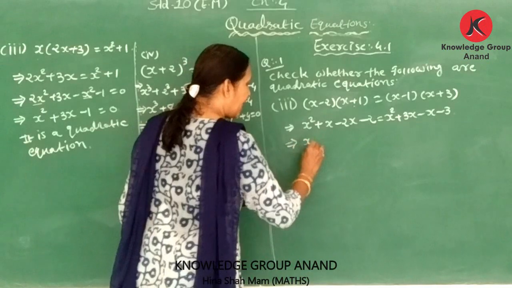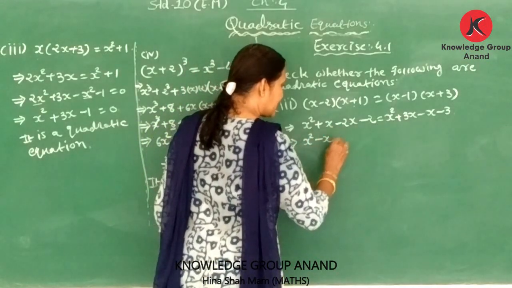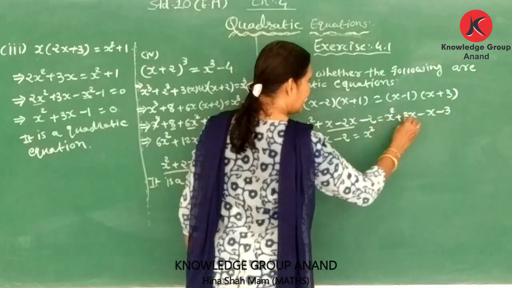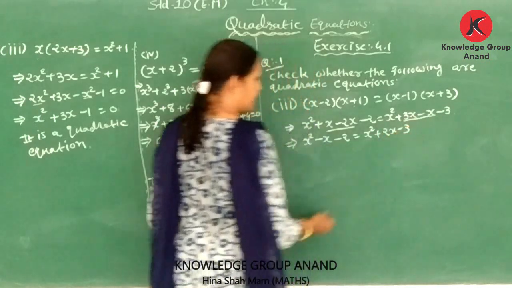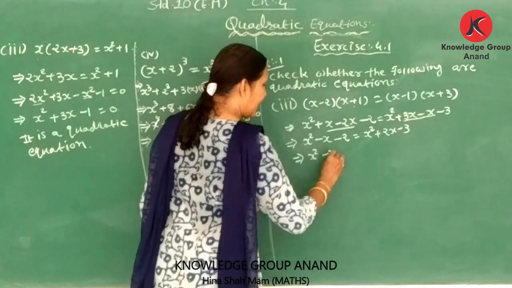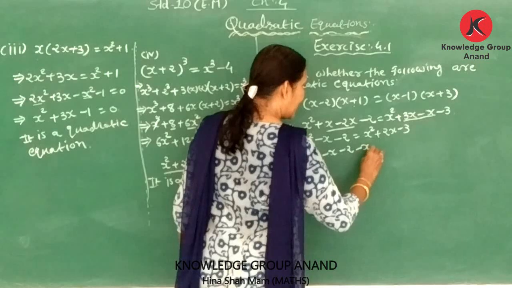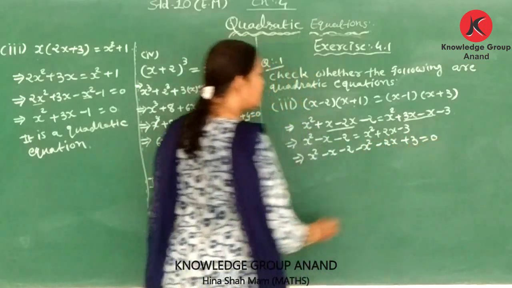Now x square plus x minus 2x, it is minus x minus 2, is equal to x square plus 3x minus x plus 2x minus 3. All terms on the same side: x square minus x square, minus x minus 2x, plus 3 equals to 0.